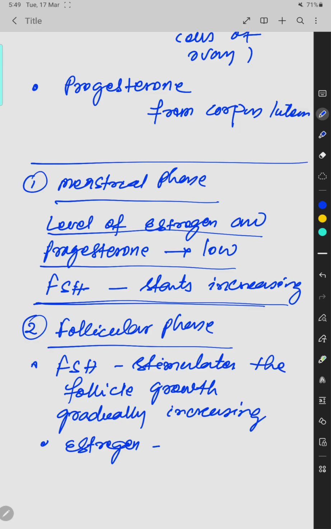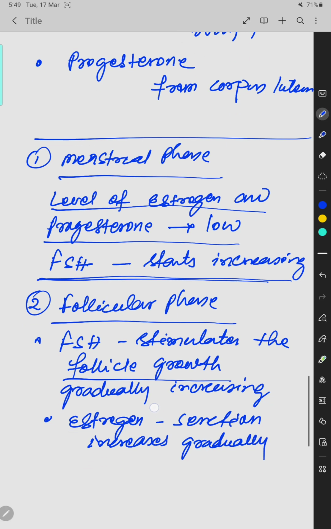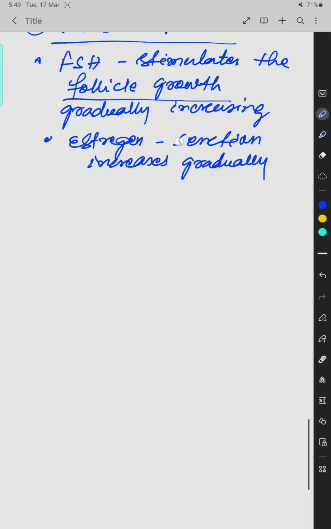It also increases gradually, because the follicles are developing, so follicles are secreting the estrogen. So as the follicle develops, the amount of secretion of estrogen also increases gradually. Okay, so these are the hormonal changes that take place during the follicular phase.